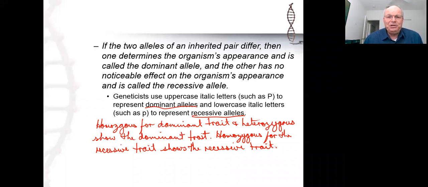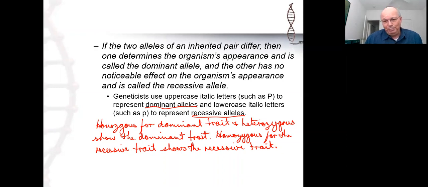Cells do not differentiate between dominant alleles and recessive alleles, or alleles for the dominant trait and alleles for the recessive trait, to use the right terminology. If one of the two alleles is on, then the other one is on as well, and both are active at the same time. It's really the way the traits interact with each other that determines the final physical appearance.